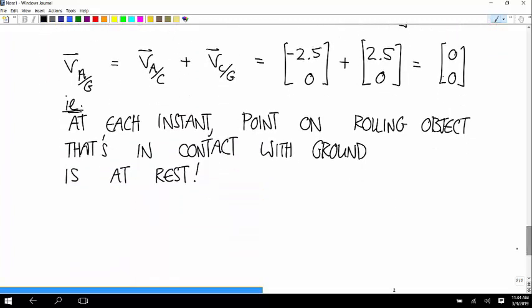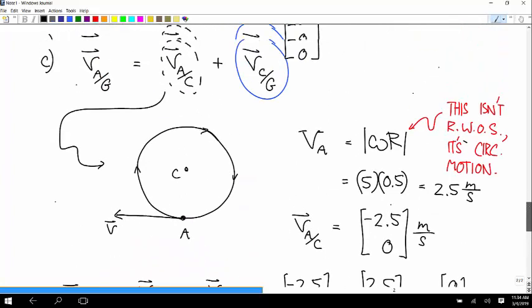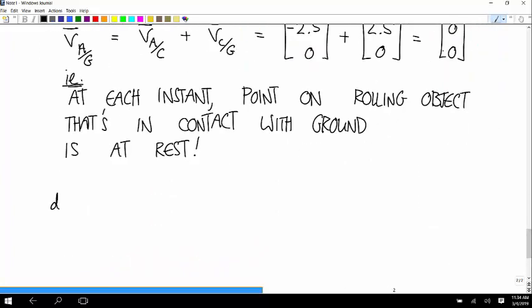Okay, so now we're going to calculate part B. Now we want to calculate the velocity of the top point on a wheel or any rolling object. So the velocity of that point B at the top relative to the ground is equal to the velocity of B relative to the center plus the velocity of the center relative to the ground.